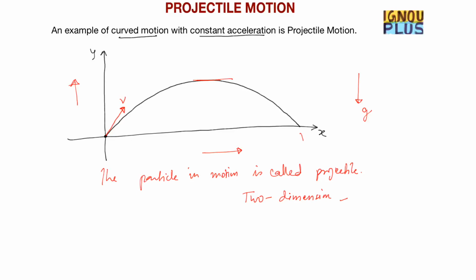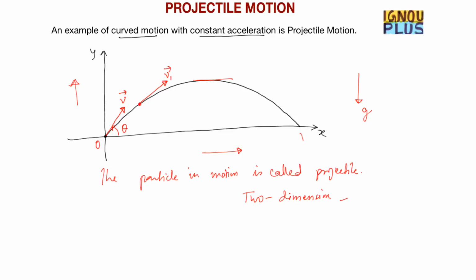This velocity can be your v, and at the very initial point, which is 0, the angle between the positive x-axis and the direction of projection is theta. And then after a certain point, when the projectile reaches some other point, again the direction of velocity changes. So this can be your v1.